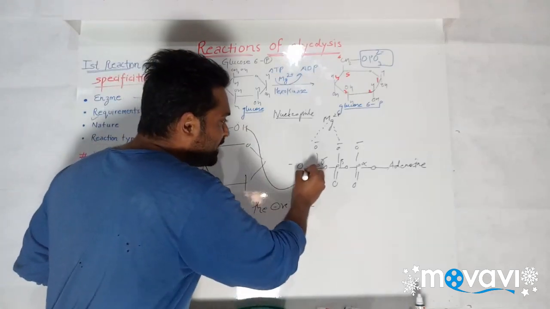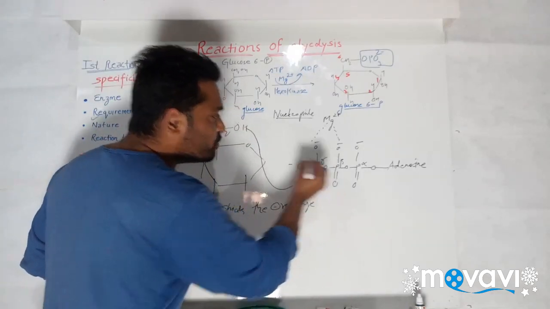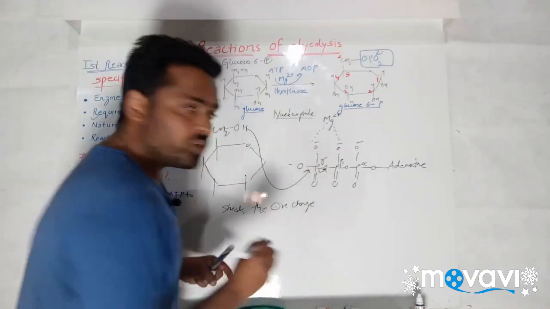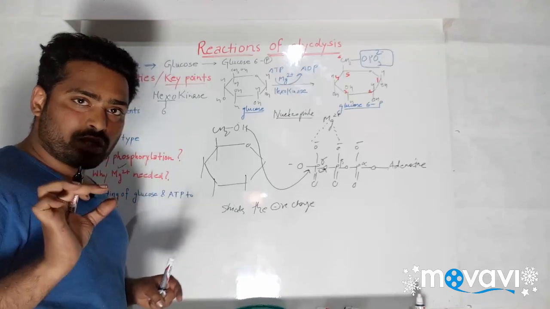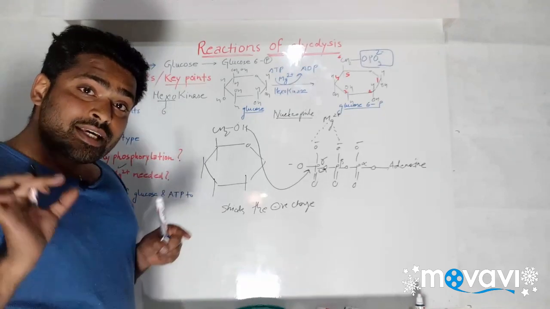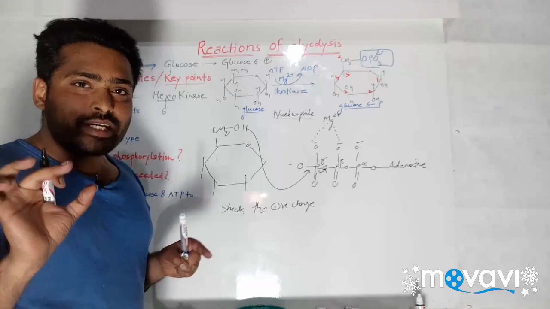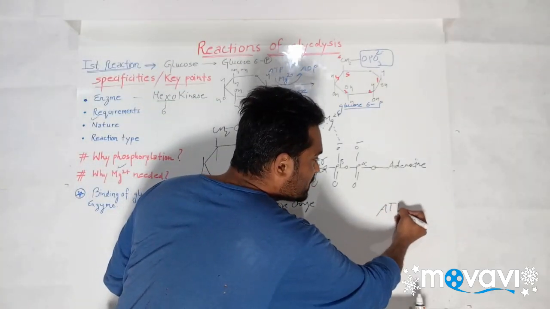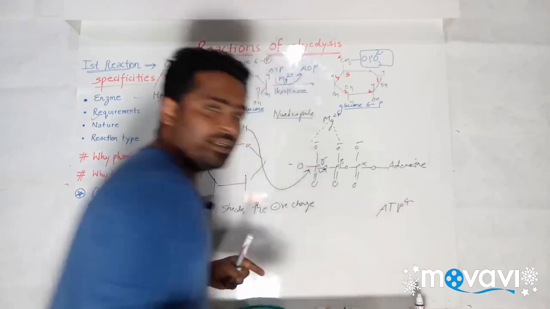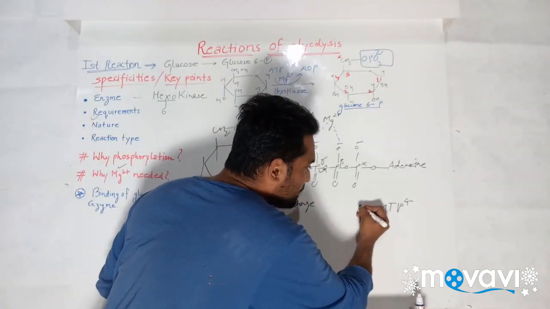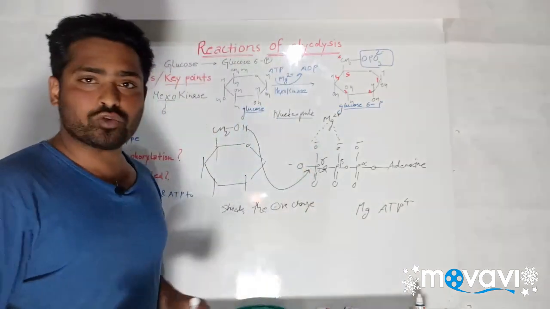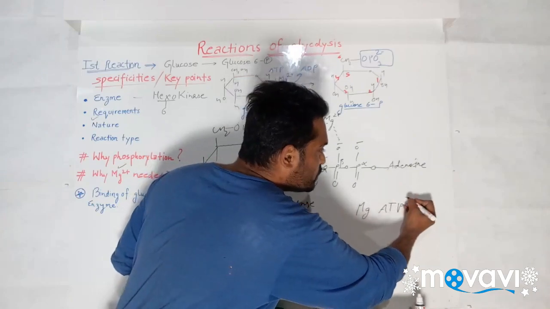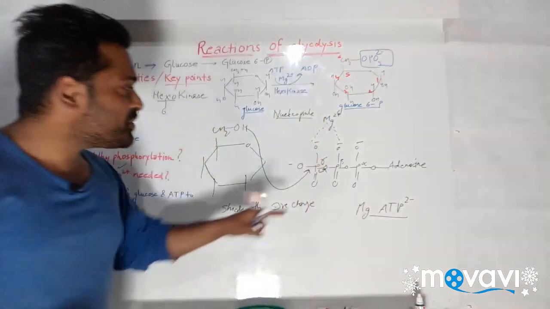So now it can attack and remove this. It's that simple. So we can say the actual substrate for hexokinase is not ATP. ATP is not the actual substrate, but ATP complexed with Mg2+. 2 positive, 4 negative, so it would become 2 negative. So this is the real substrate.